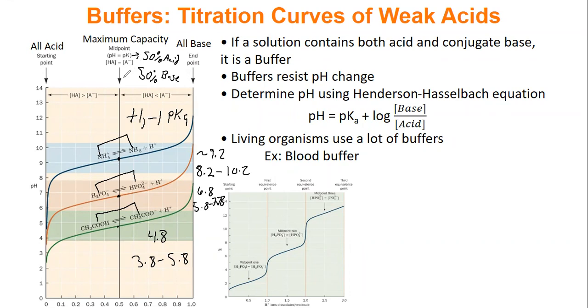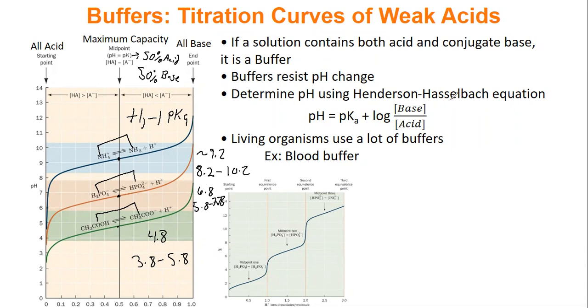If you want to know the pH of a buffered solution, and it's not 50-50, we have to use an equation called the Henderson-Hasselbalch equation. It says that the pH of a buffered solution is equal to the pKa plus the log of the concentration of base divided by the concentration of acid.